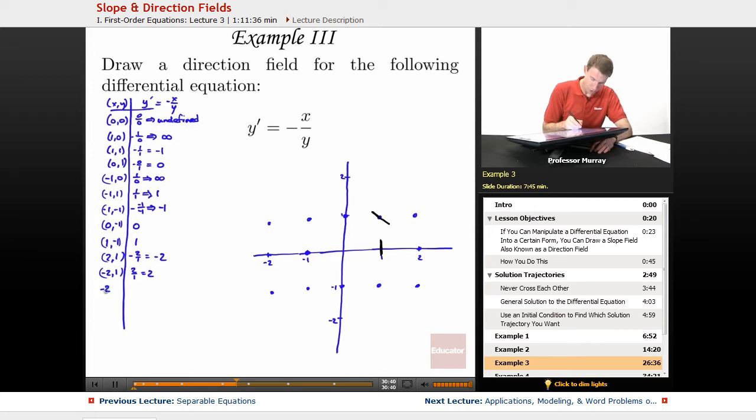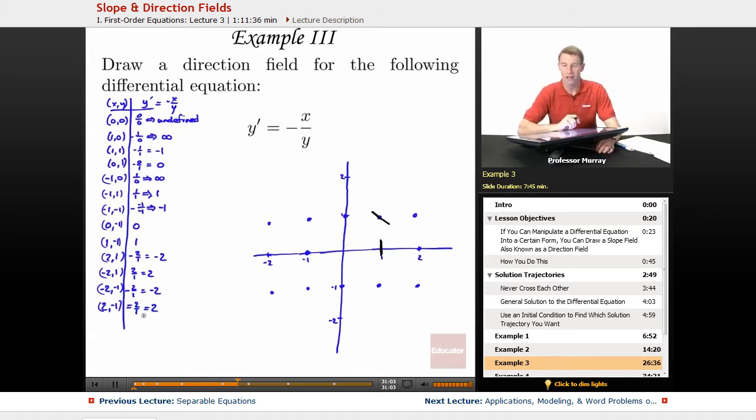And negative 2, negative 1 gives me negative 2 over 1, because there are two negatives and then a third negative, is negative 2. And 2, negative 1 will give me 2 over 1, which is 2 again.